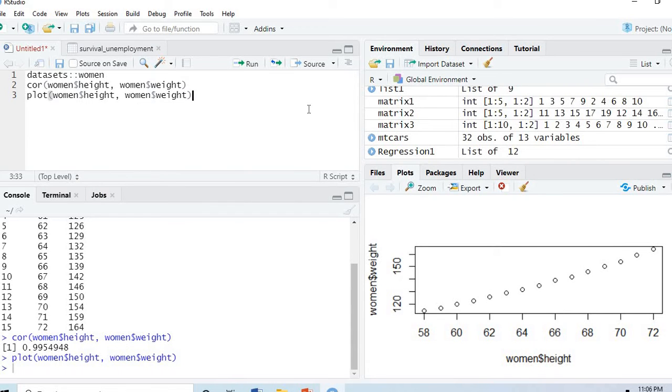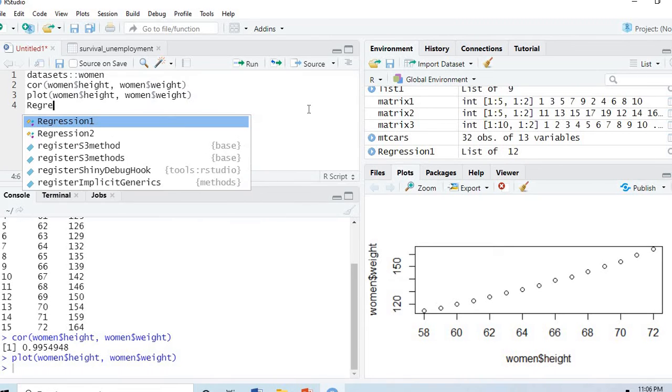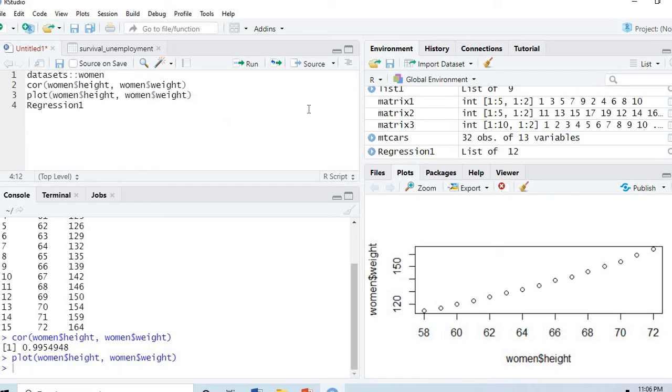Now I'm using the command to run the simple linear regression analysis. For that, I develop the object regression1, and I'm using the command lm. lm stands for linear model, because there's an assumption that you can run the simple linear regression once both vectors are linearly associated.